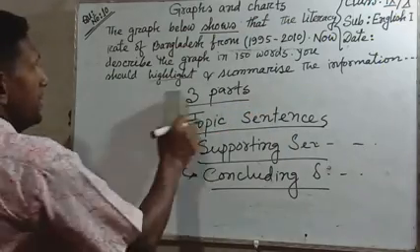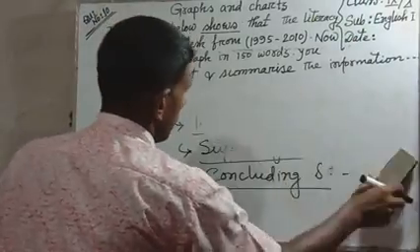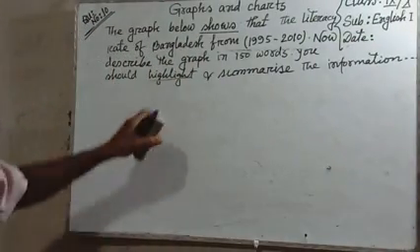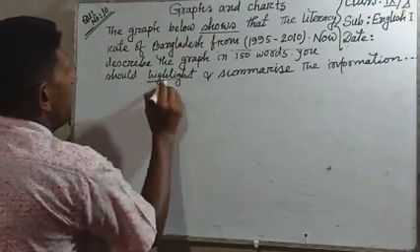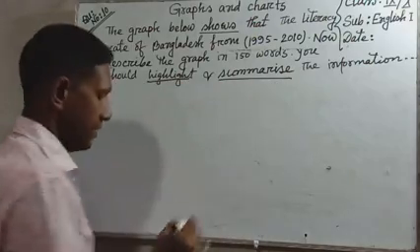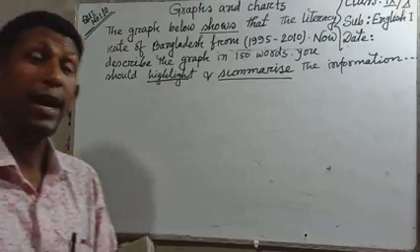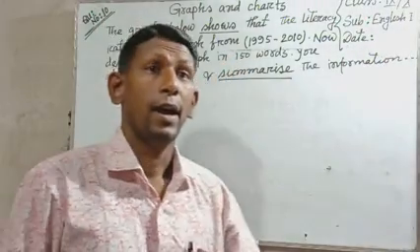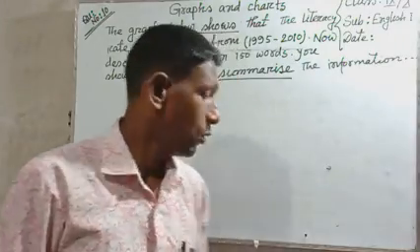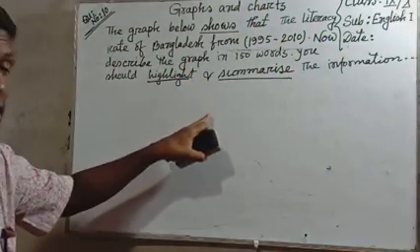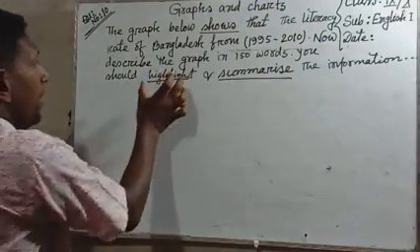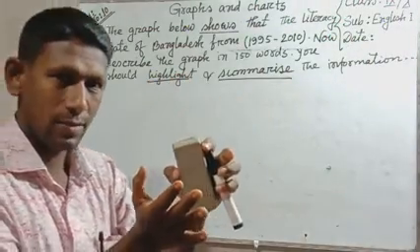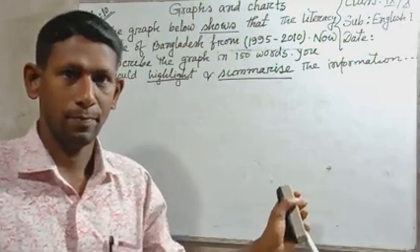You see here two words: highlight and summarize. Highlight means the main information of the graph which has been given in your question paper, and summarize means short, not elaborating.